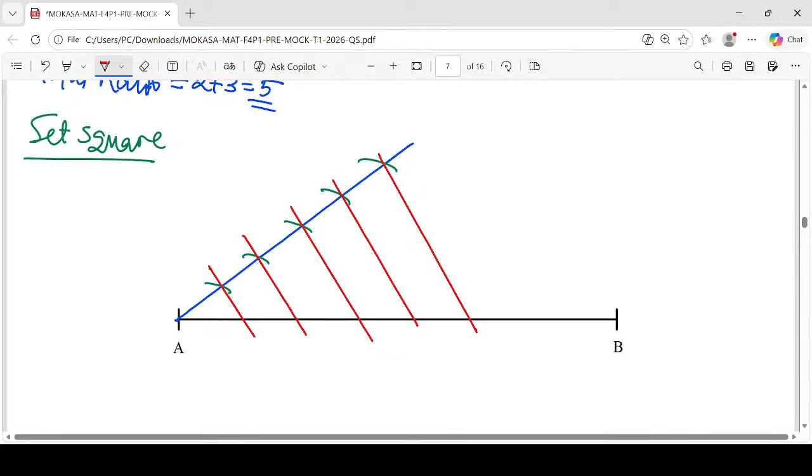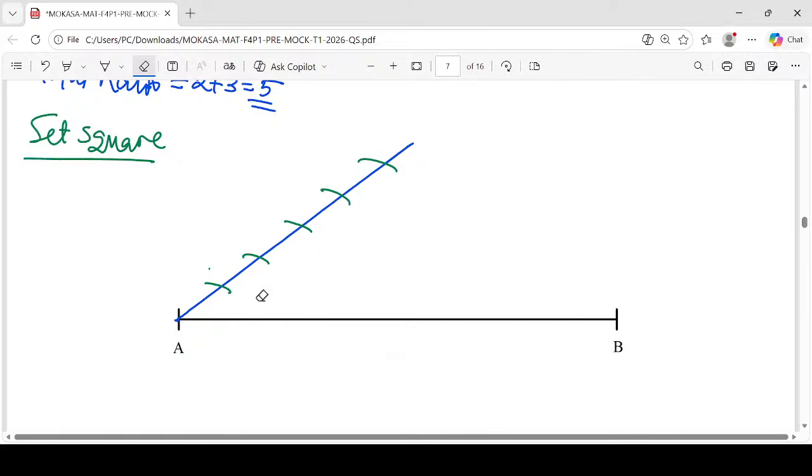Literally what we could have done, because the line is AB, I could have begun from the far point here. I'll position my set square, then join the end to B. I'm going to slide my set square in such a manner that it maintains parallelism.